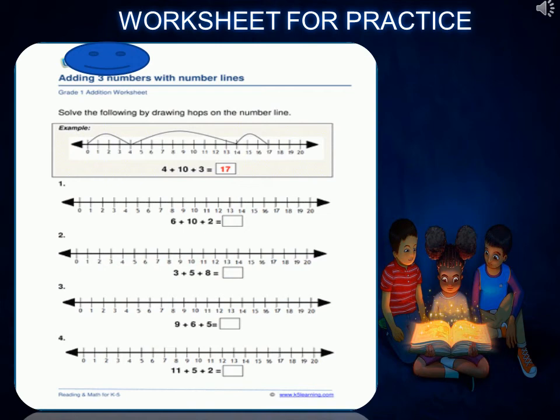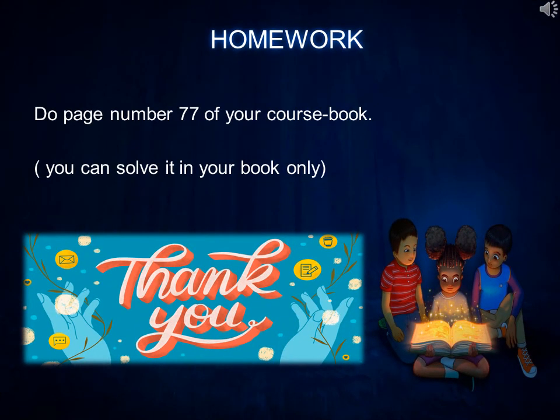Let us now move to the homework section. Now we come to homework section. Students, as you all have your course book by your side now, you can open page number 77 of your course book.